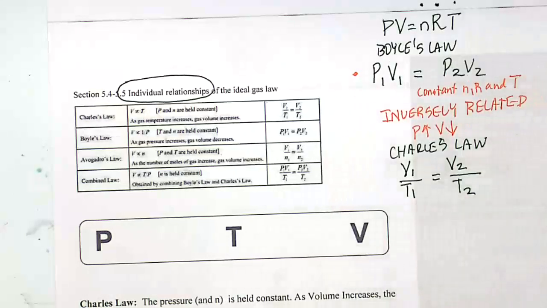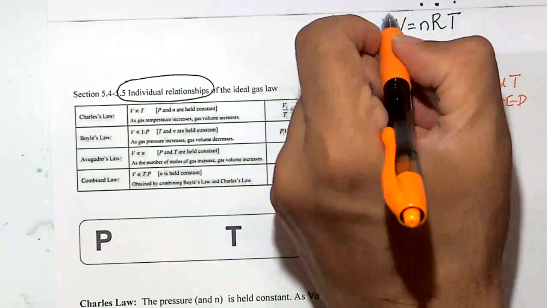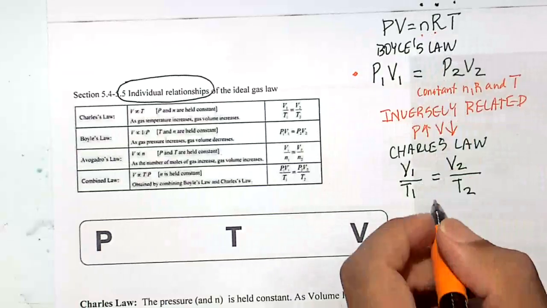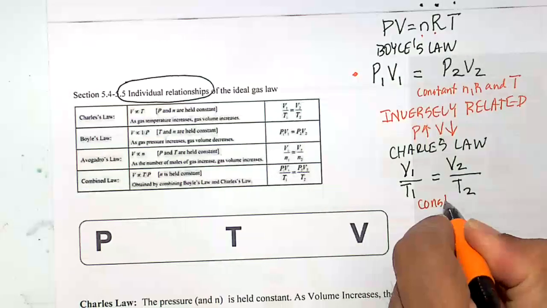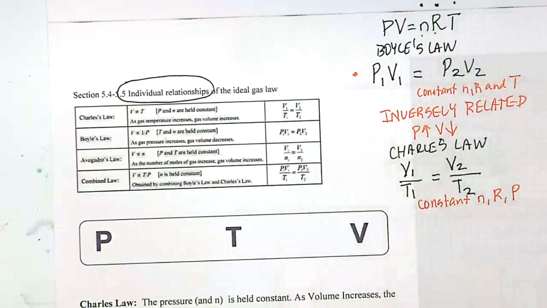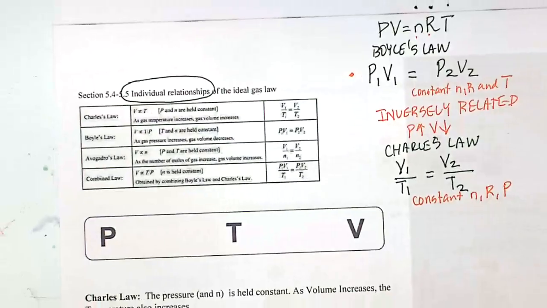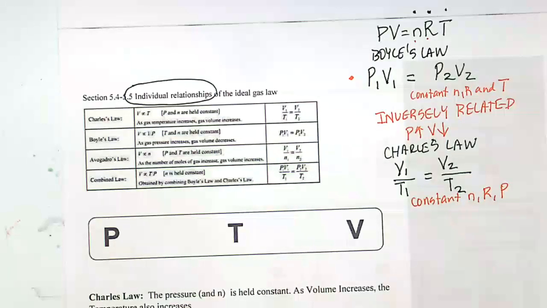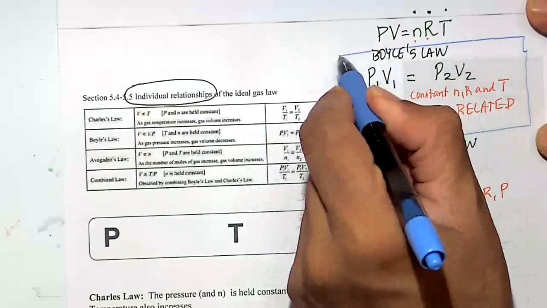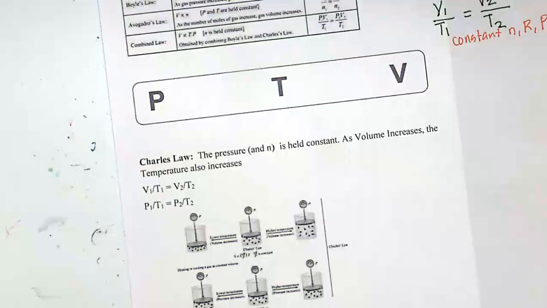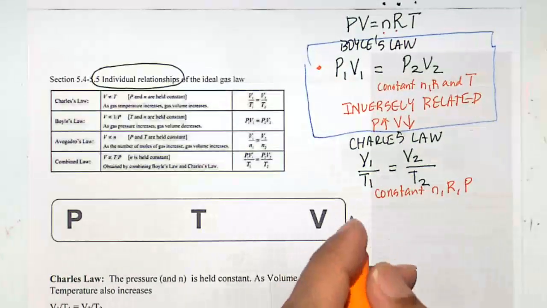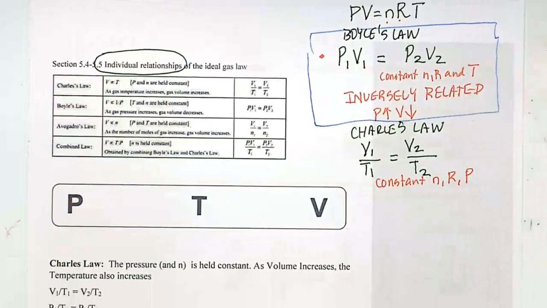And what do we have that's constant here? I keep the pressure constant, R is always constant, and n, the number of moles, is constant. Constant n, R, and pressure P. Now, Charles' law is a direct relationship, a direct proportion.